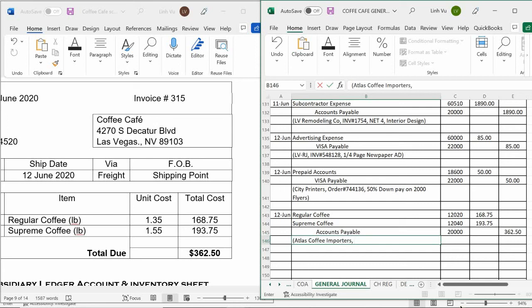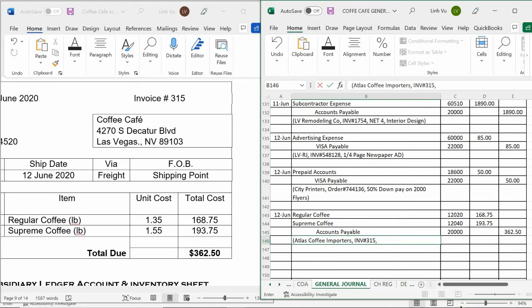What was my proof of a transaction? The invoice, invoice number 315. Do you need to identify the coffees? No, because you have it right there, regular coffee and supreme coffee. You can identify that you bought 250 pounds of coffee.